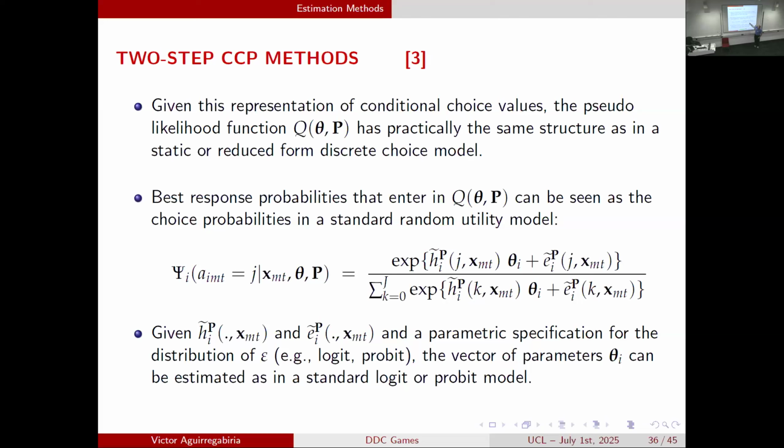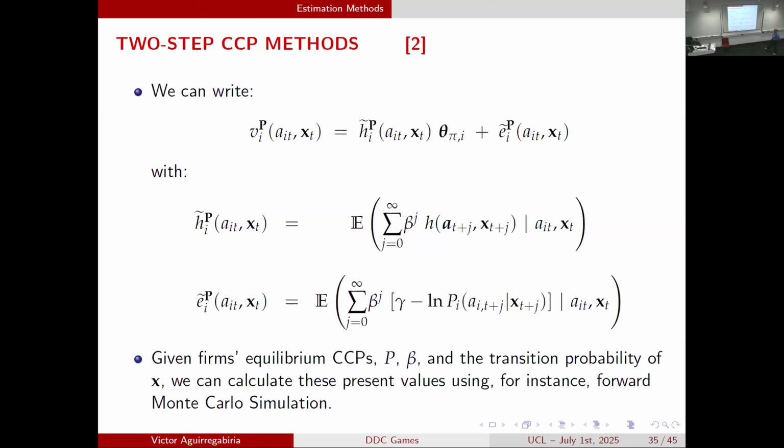We can estimate theta just by using a standard multinomial choice model. And we don't even need to solve once for the equilibrium of the model. We just have taken choice probabilities and we have used them to calculate these expected values.